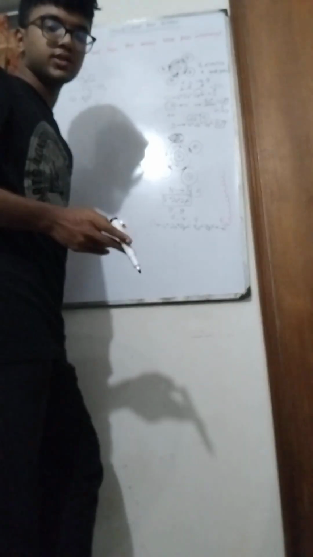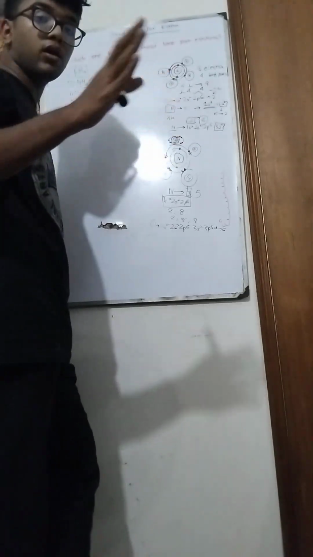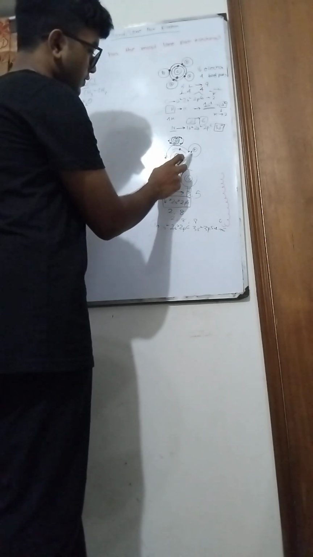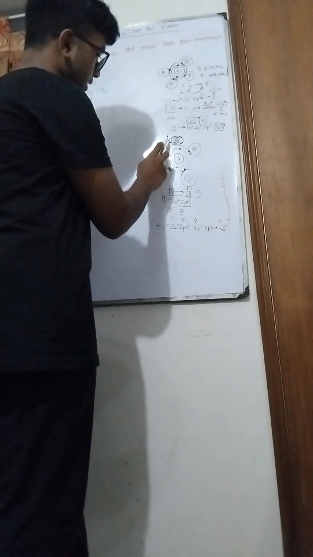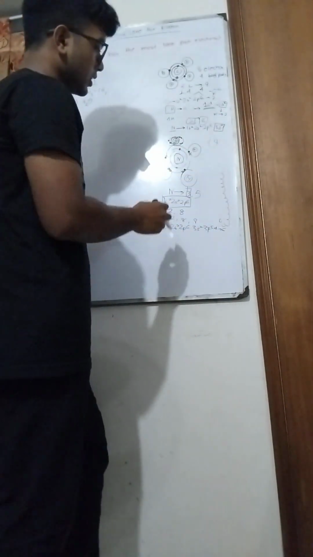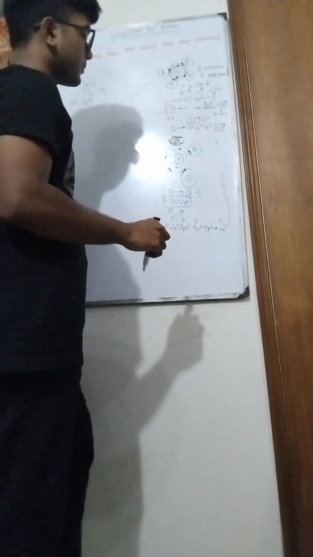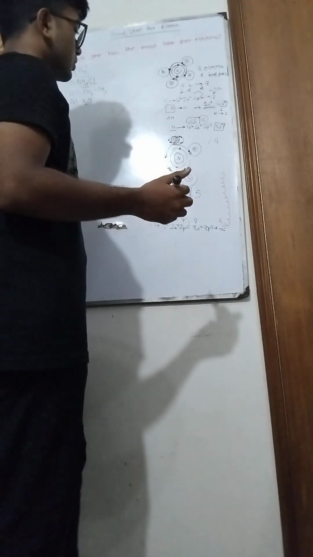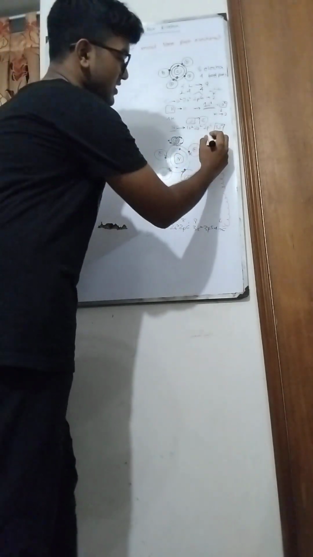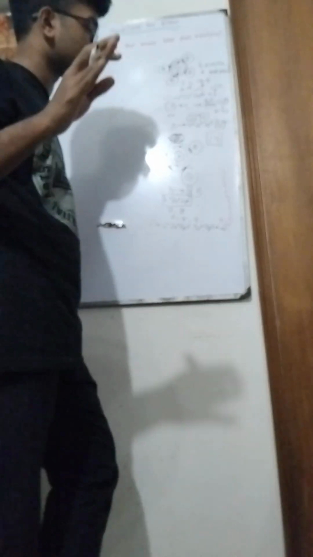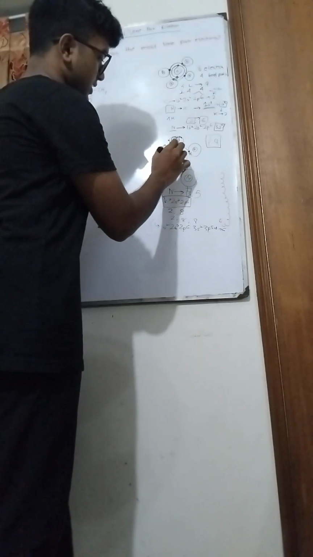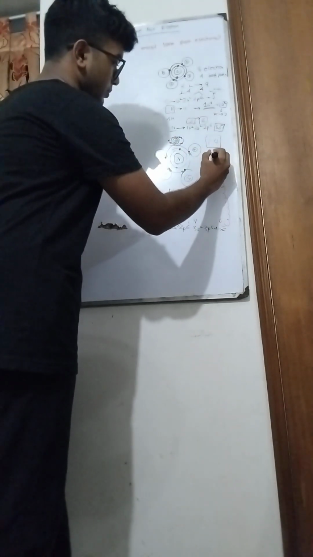So how many electrons are there in the outer shell of all of the atoms? 1, 2, 3, 4, 5, 6, 7, 8, 9, 10, 11, 12, 13, 14. There are 14. Yes, there are 14. I'm sorry, this is all of the electrons. Now let's count the bond pairs. 1, 2, 3, 4, 5, 6, 7, 8, 9, 10. There are 10 bond pairs.